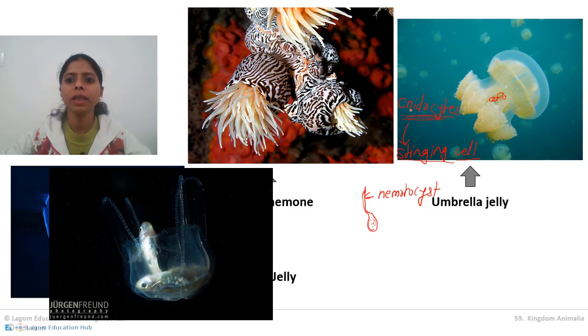So these nematocysts are the stinging cells which have poison, and this poison can paralyze another fish. So these cnidocytes are used either for attacking or for its own protection also.